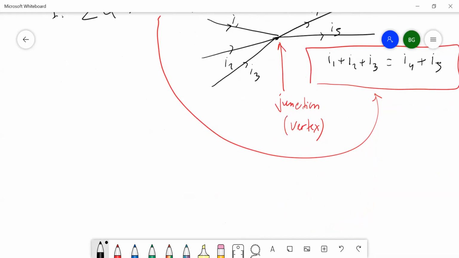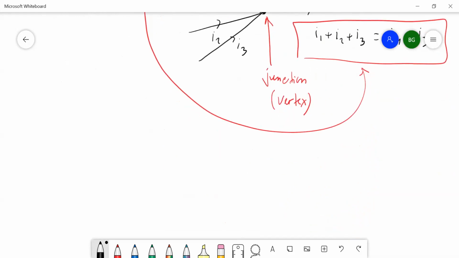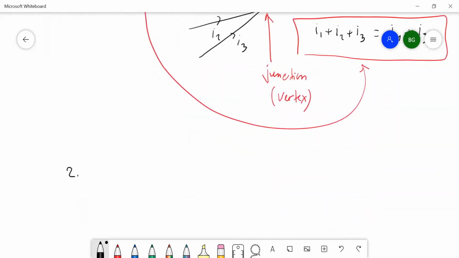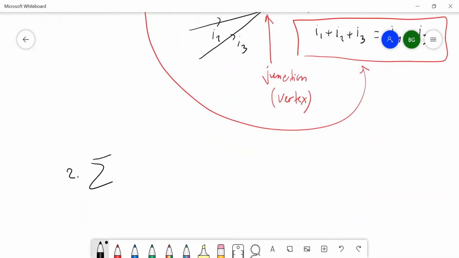Number two, the so-called conservation of energy. It means that the energy in the circuit is also conserved.